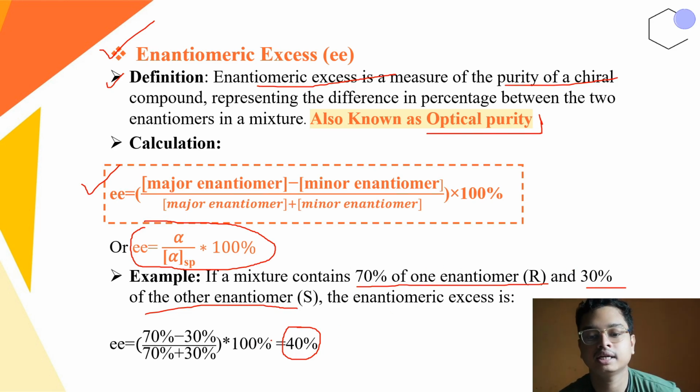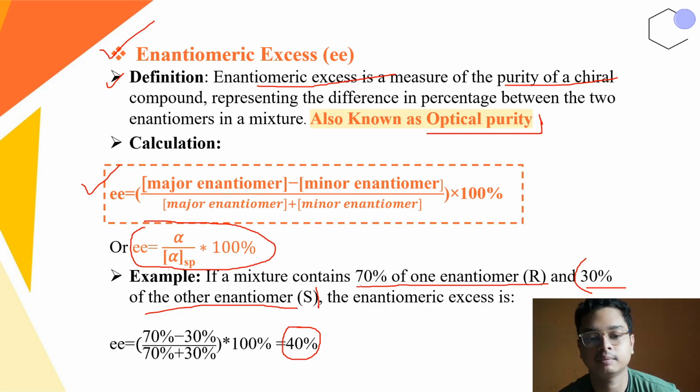So this 30% of S enantiomer, or whichever enantiomer is present in the minor amount, will form a racemic mixture with the major one.